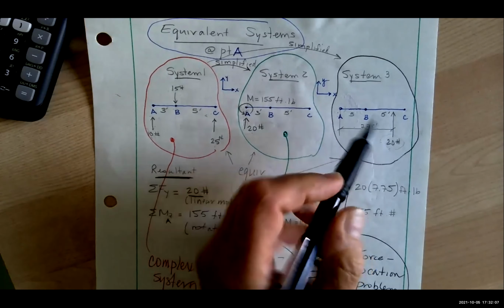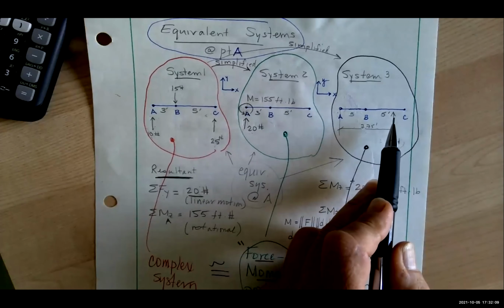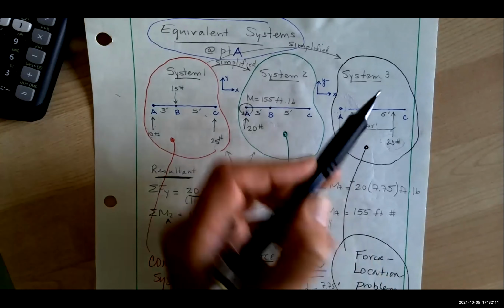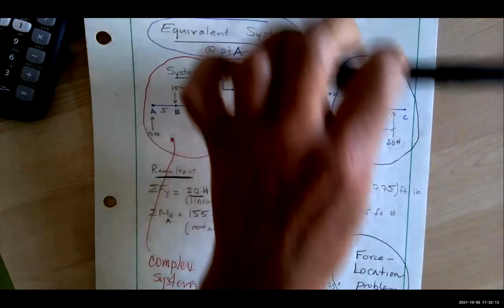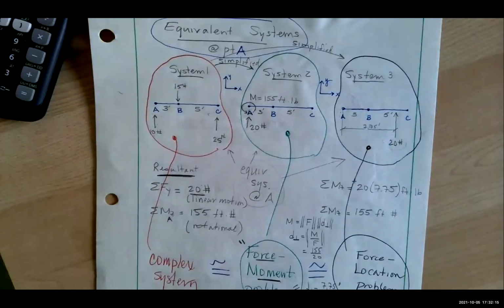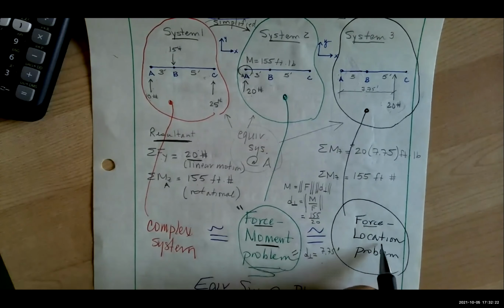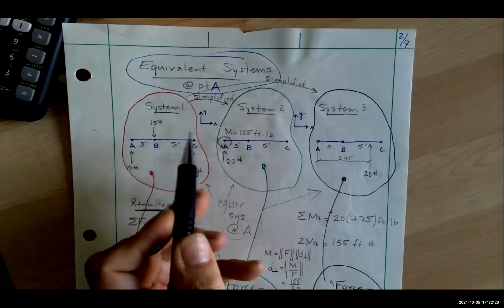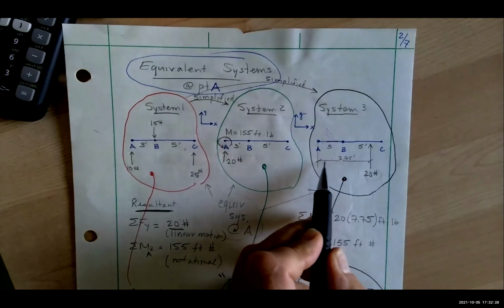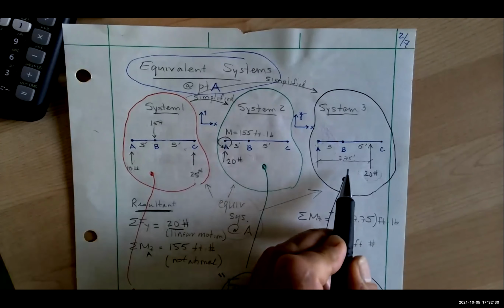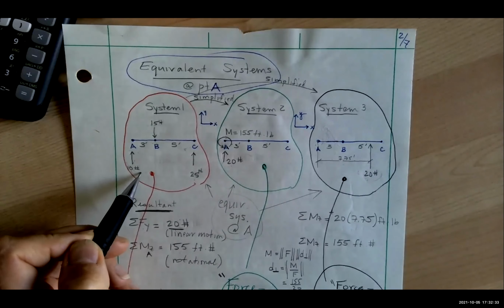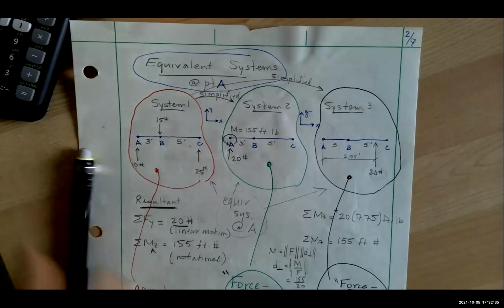This force at 7.75 feet away from A causes the beam to move up and spin at A, 155 foot-pounds. This is called a force location problem because I'm asking you to put an equivalent force at a location that creates the same net effect resultant of force and moments.